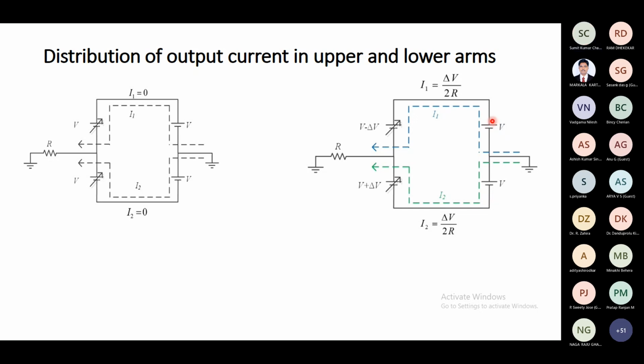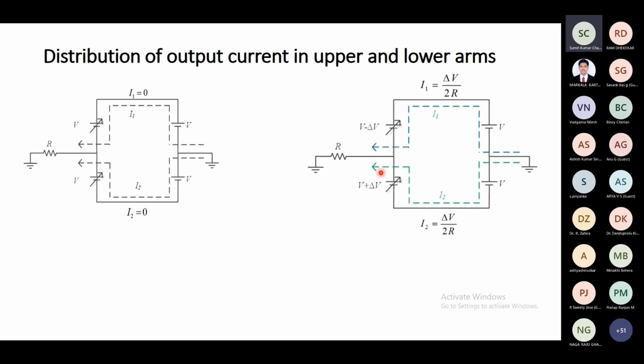However, we observe the potential of this output point where the resistance R is connected will be at plus delta V with respect to this ground. So this delta V can vary in any range, and the output voltage changes accordingly. This is the very basic essence of generating output voltage in an MMC.